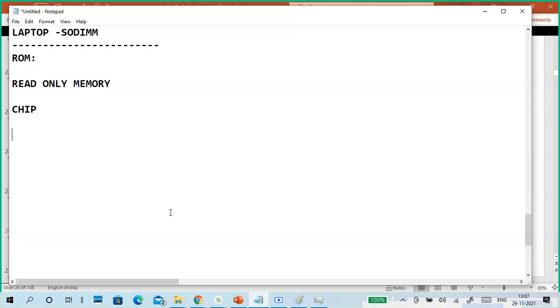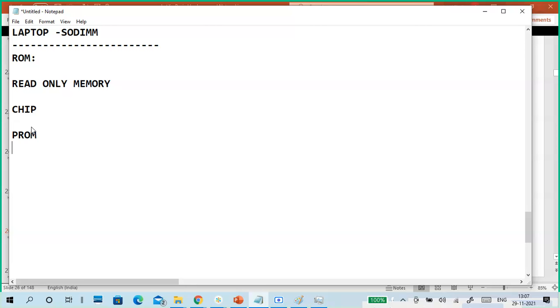But the problem with ROM is that once instructions are burned into the chip, you can't put in your own instructions. So they made the PROM chip: programmable read only memory.